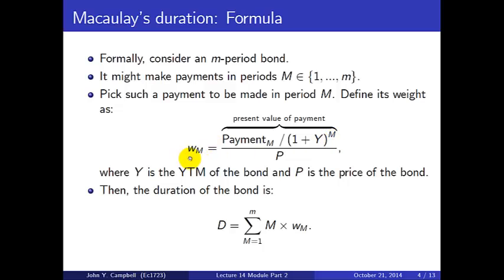So having defined the weights this way, the duration of the bond, duration D, is the sum across all the payment times, 1 through little m, of the length of time to the payment times the weight on that payment. Okay, so it's a weighted average of the lengths of time until each payment is made.